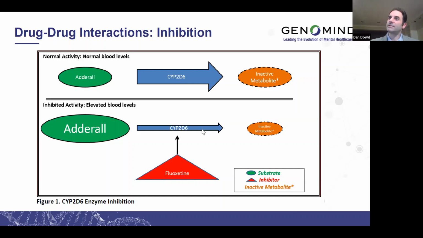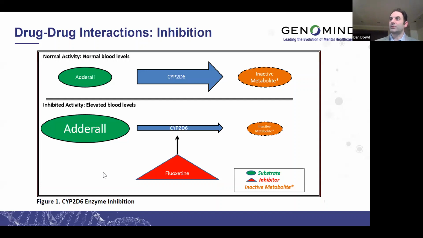So once you have less enzyme available, you cannot efficiently break down your Adderall. Your Adderall levels start to increase when fluoxetine is added to the drug regimen. This is at the heart of all CYP450 drug-drug interactions. So if you understand this concept here, you understand how all these different drug interactions work.